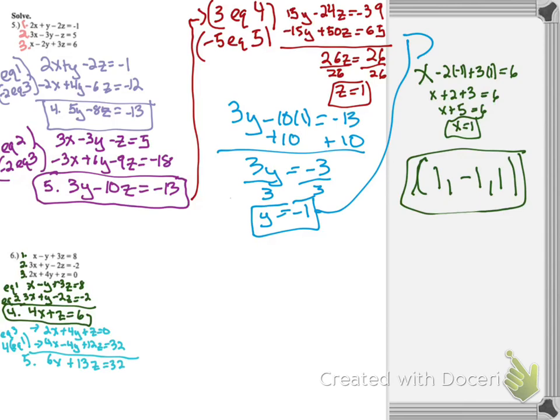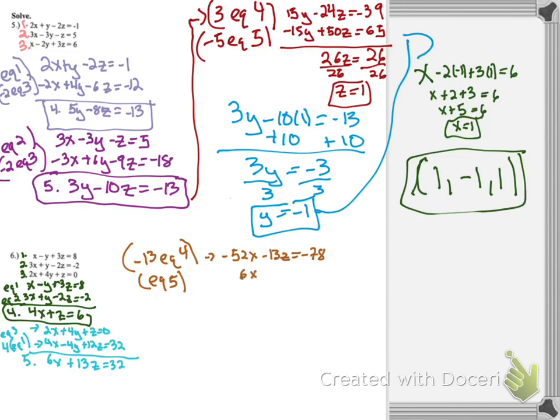Now, using equation 4 and equation 5, I want to eliminate my next variable. So I'm going to use negative 13 times equation 4, and then equation 5. So this gives me negative 52x minus 13z equals negative 78.